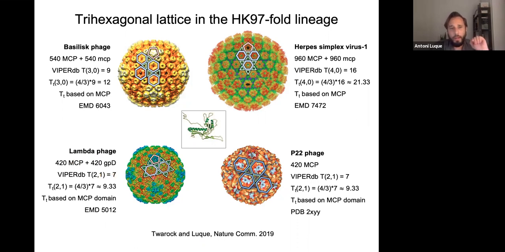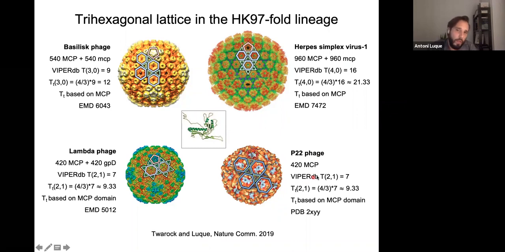reinforcement proteins that attach on the surface, and they place exactly on the position of the trimers, which means that in this case, you have a part of the major capsid protein underneath this trimer, but it somehow brings back the trihexagonal lattice. Another case is the phage P22, which also forms the HK97 fold. And in this case, when you look closely, you realize that it has different densities on the capsid.